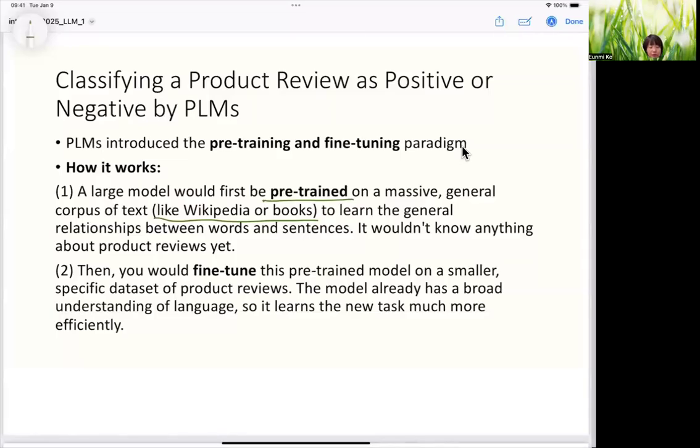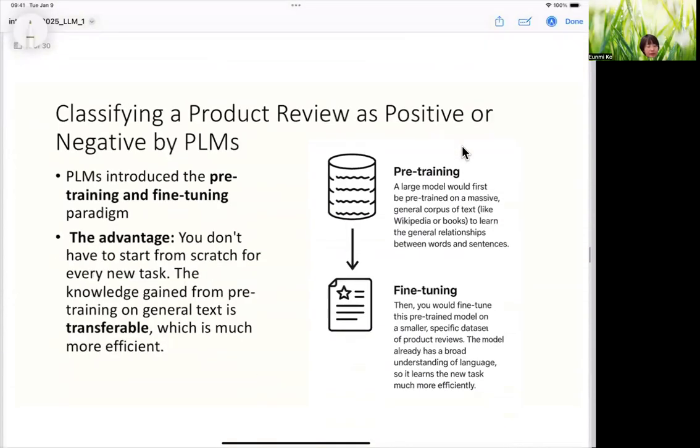Then you would fine-tune this pre-trained model on a smaller specific data set of product reviews. We say smaller, but it is like 10,000 or 20,000 sentences. The model already has a broad understanding of language, so it learns the new tasks much more efficiently. All right.